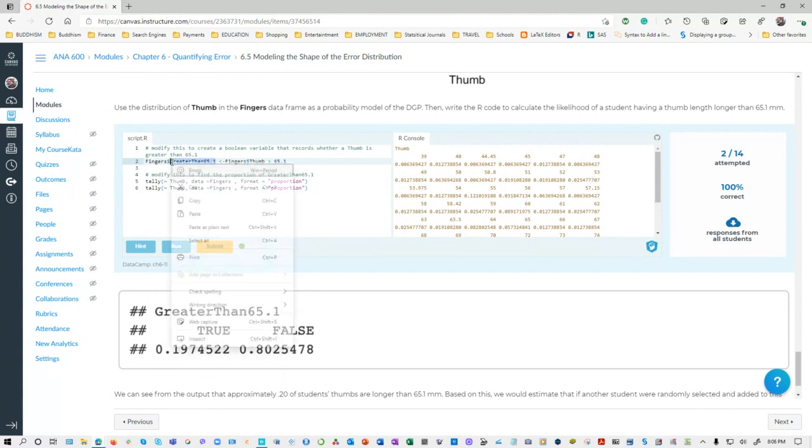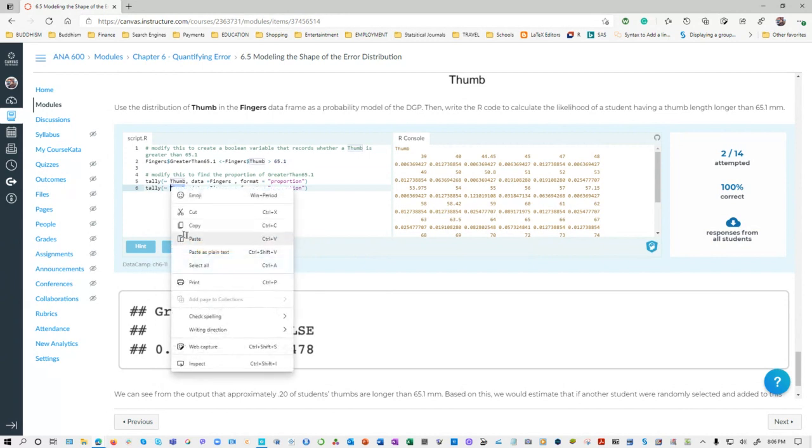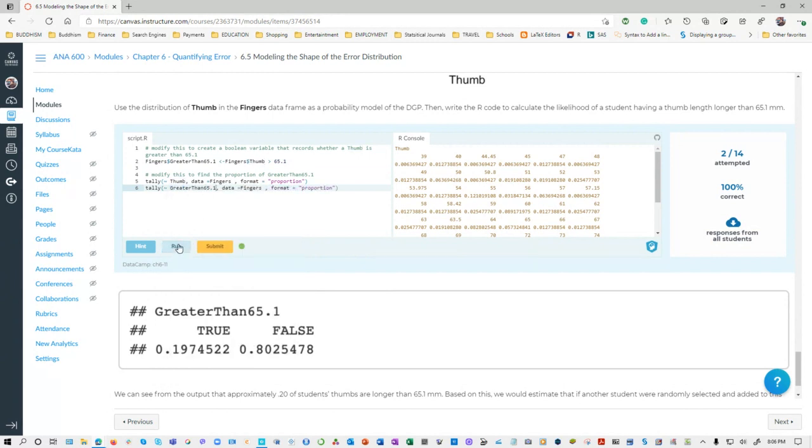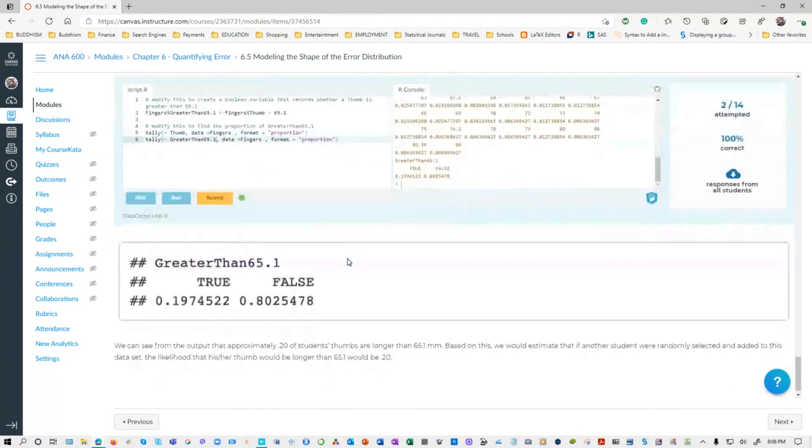You can check the thumb individually or together. You check how many thumbs are greater than this value. As a proportion, it's going to be 0.19. This one is almost 81%. This is 20%, sorry, 20%. This is 80%. The true one is 20.